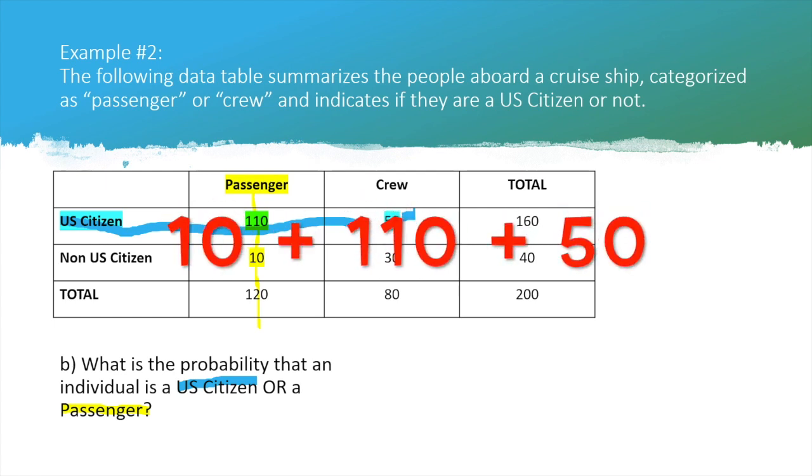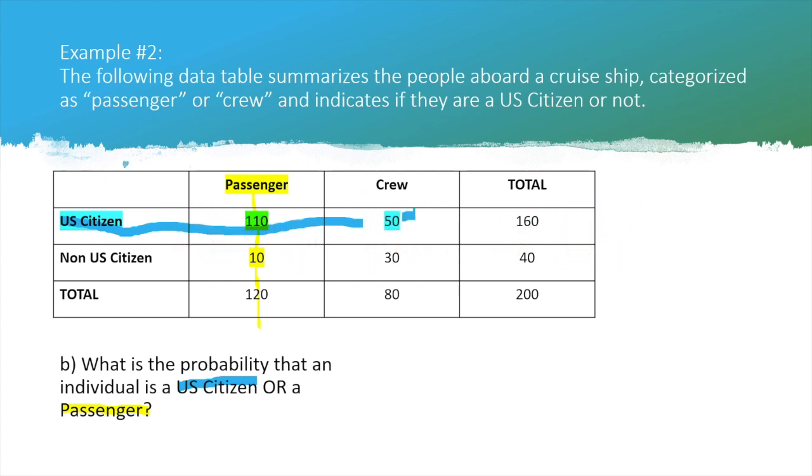So if I add 10 plus 110 plus 50 out of 200, that's going to give me 170 out of 200. And when I simplify that, I get 0.85. So about 85% of the people on the cruise ship are either a passenger or a US citizen, or both.